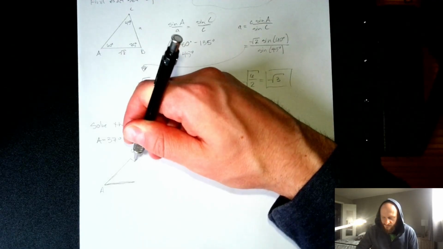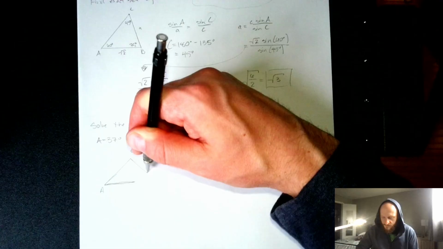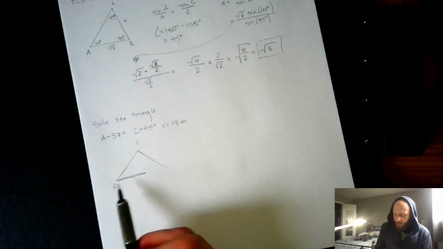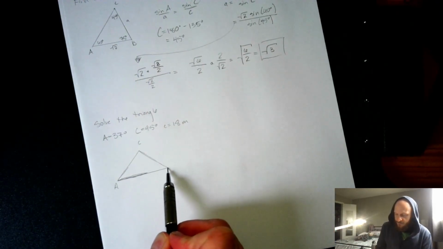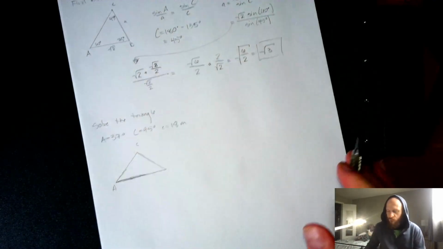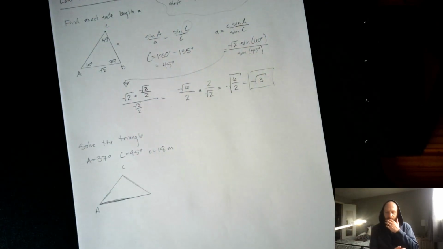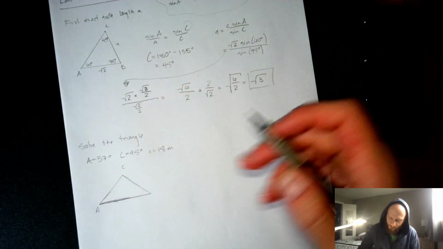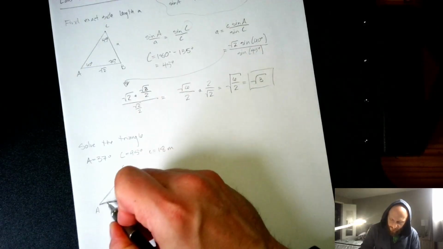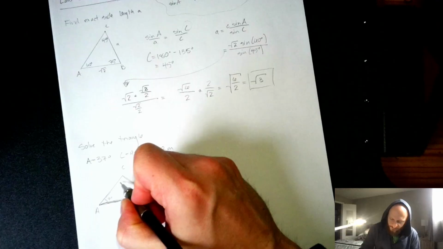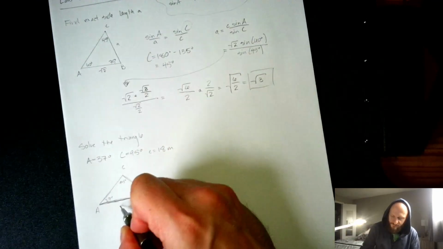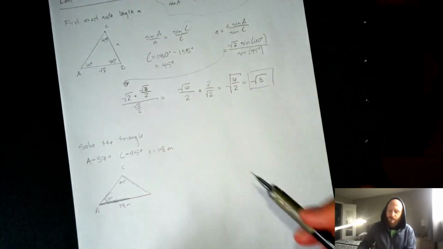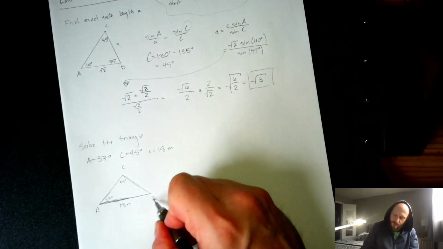My picture is going to make it look very isosceles, and it would be close to being isosceles, I think, because this is 37 degrees, this is 95 degrees, here's 18 meters. What must angle B be?